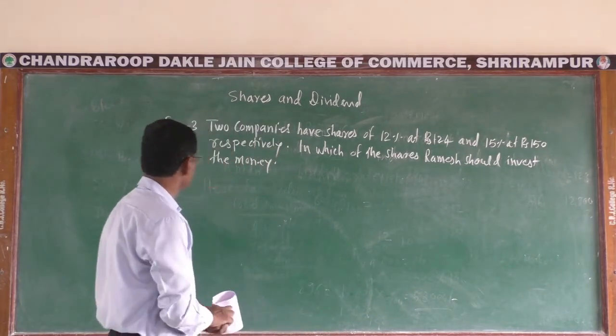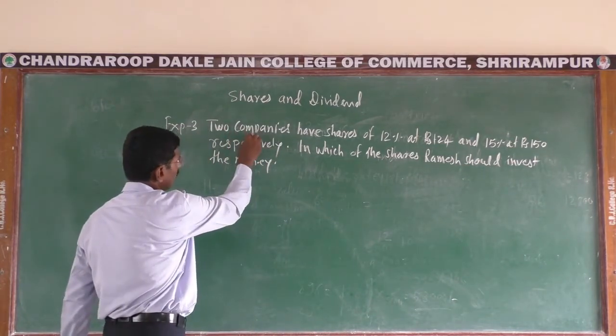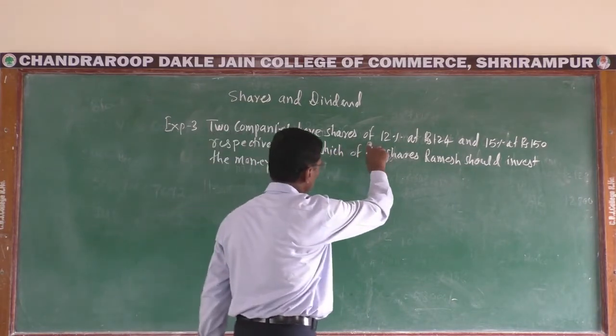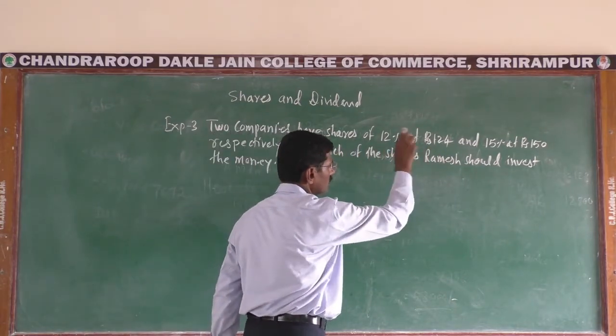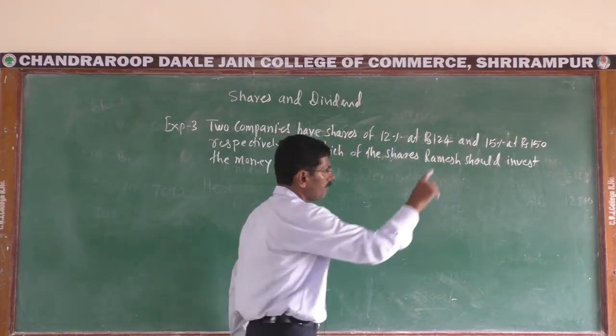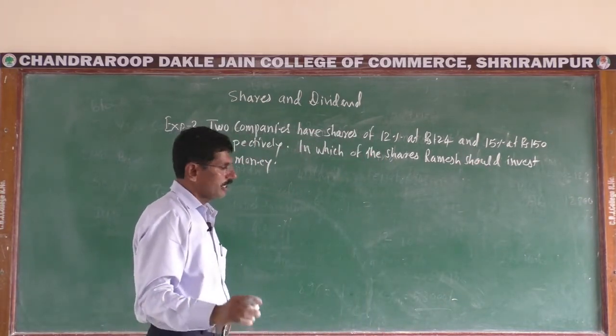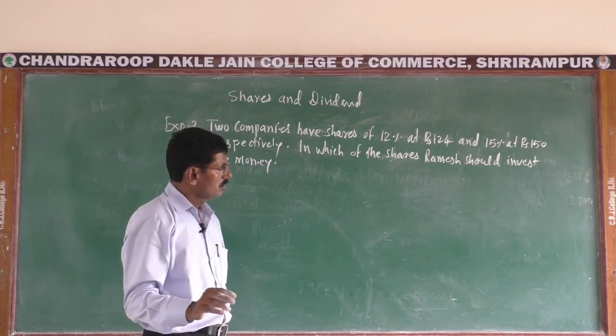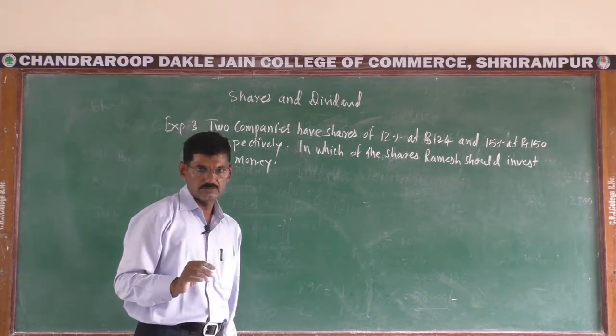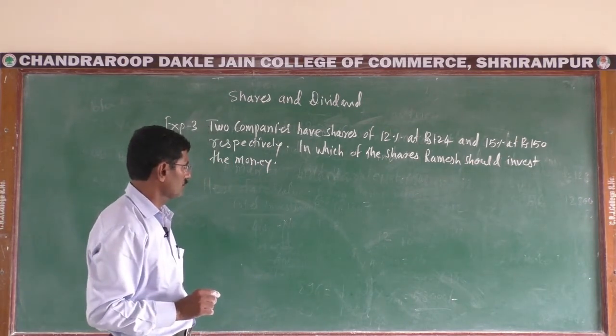See here, two companies have shares of 12% at 124 and 15% at rupees 150. It means there are two options for the investment.